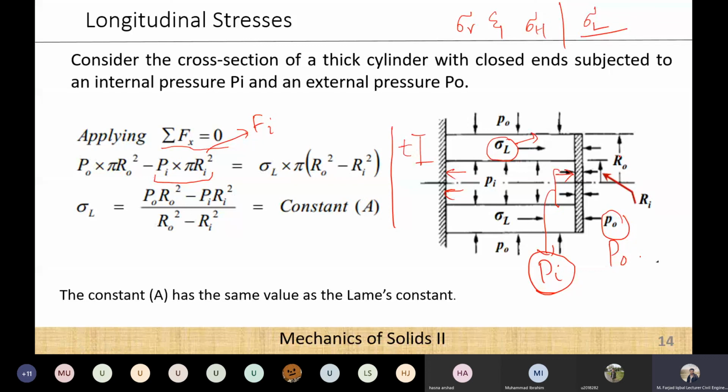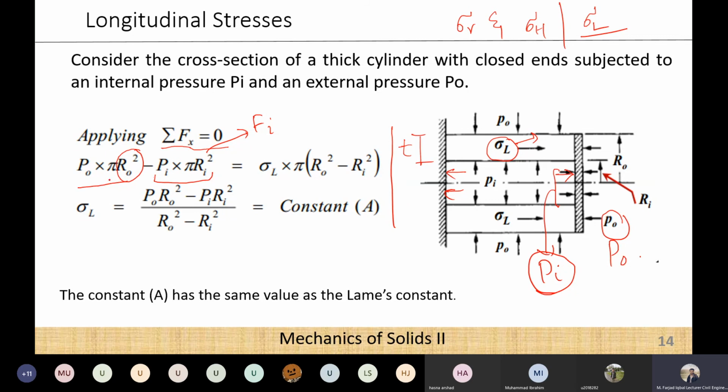Similarly, P naught is acting from the external side, so it acts on the external radius of the cylinder. I will multiply P naught with the area due to the external radius, that is pi into r naught square.